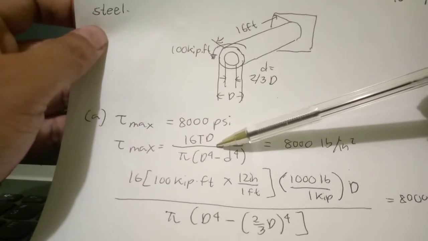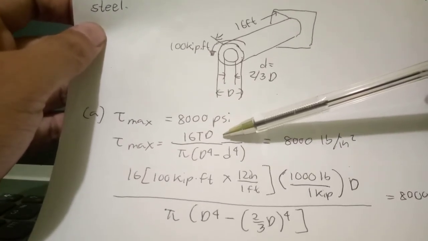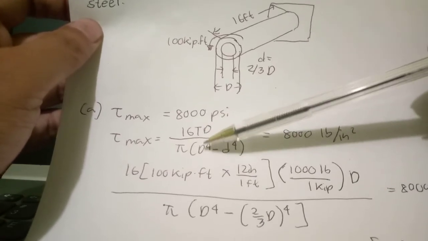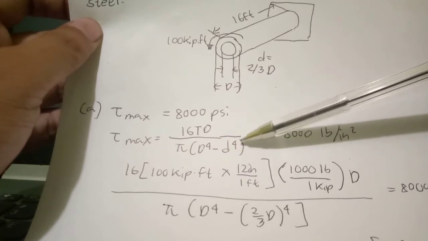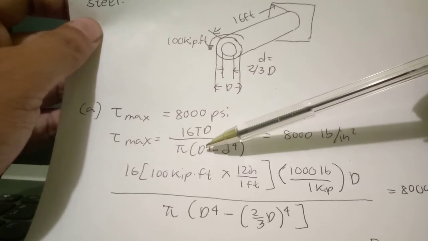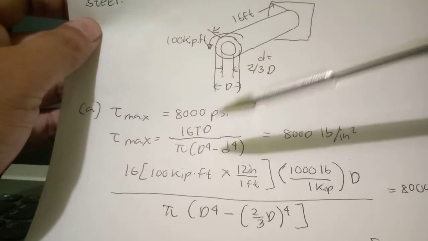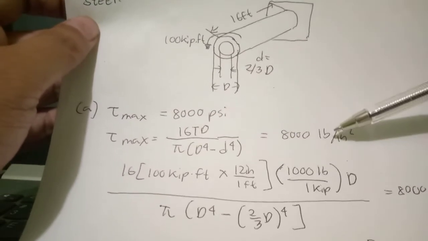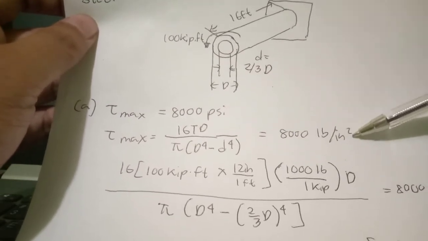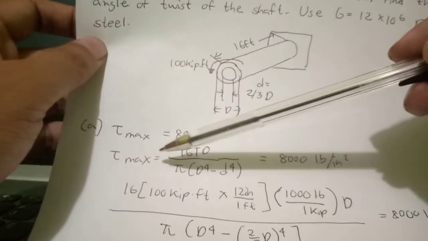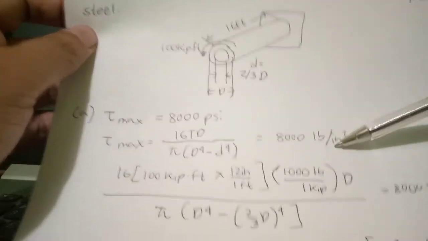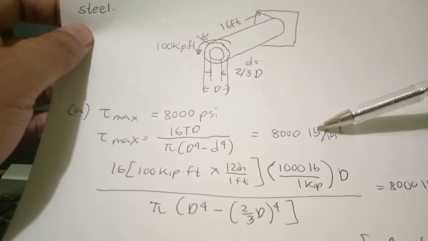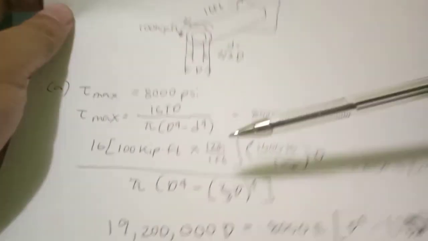Here, the maximum shear stress is equivalent to 16T multiplied by big D divided by pi times big D to the power of 4 minus small d to the power of 4, where big D is the outside diameter and small d is the inner diameter. We equate it to 8,000 pounds per square inch, because the maximum shear stress is given as 8,000 psi.